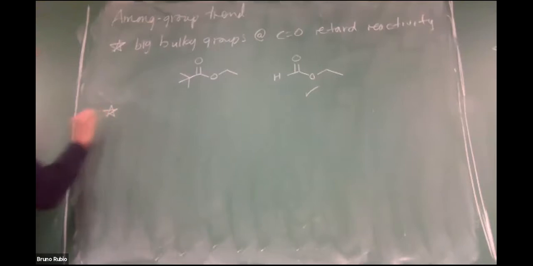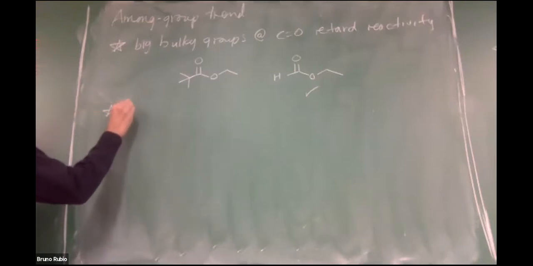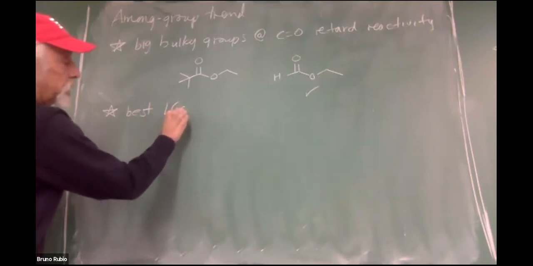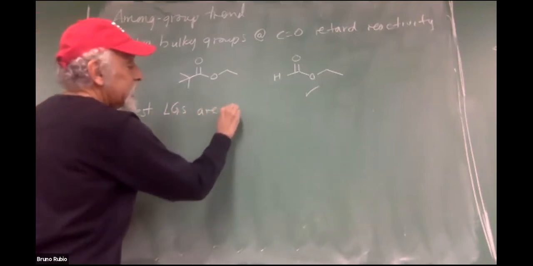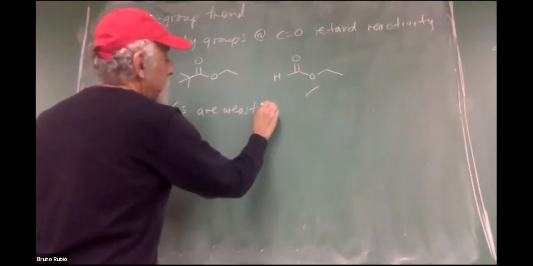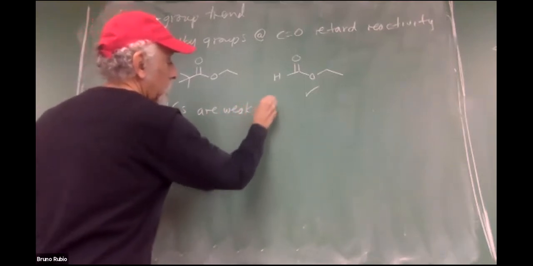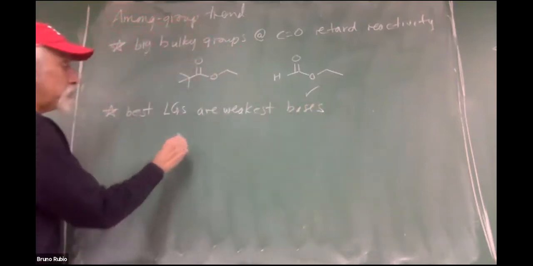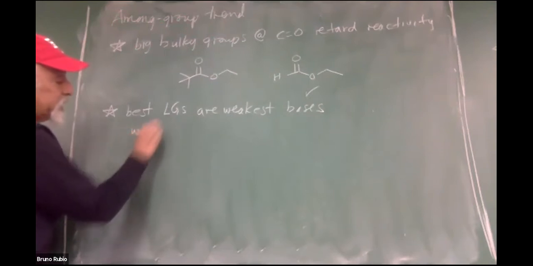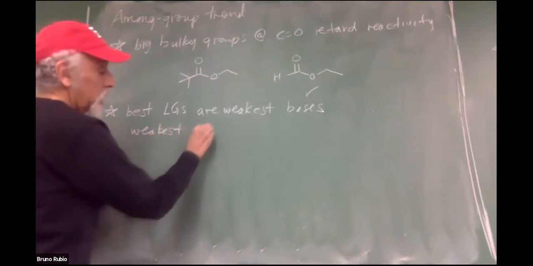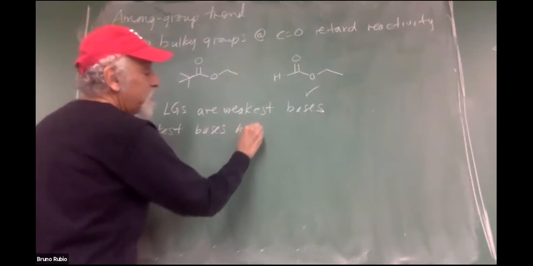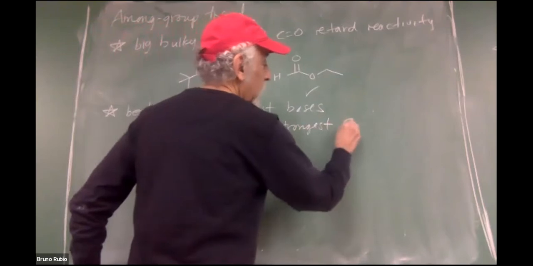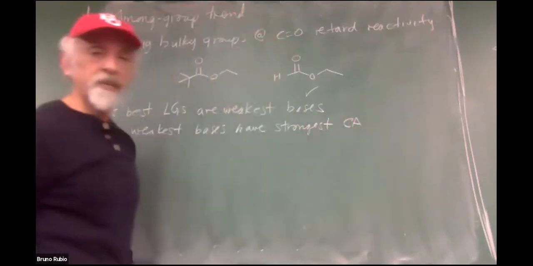Okay, next is that remember that the best leaving groups are the weakest bases. And remember that the weakest bases have the strongest conjugate acids, right?